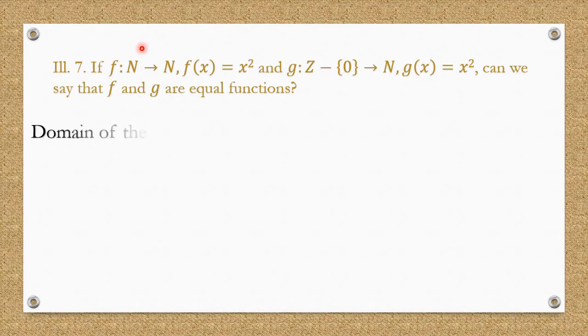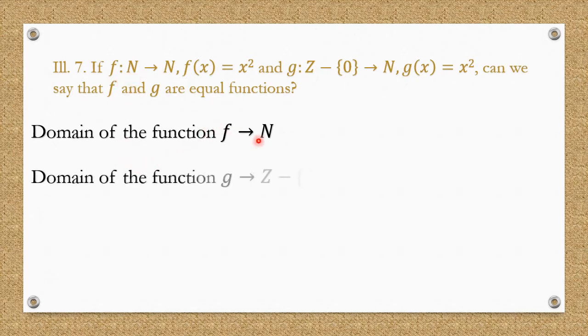The domain for the first function is capital N, whereas the domain for the second function is Z subtracting the 0 element. So the first domain is natural numbers, the second domain is whole numbers without 0. The domains are not equal.